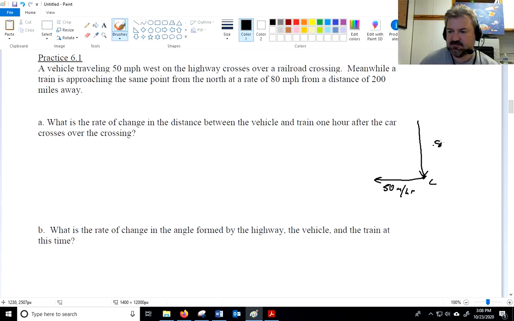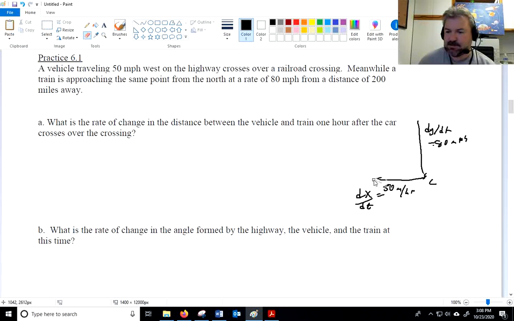So what we're going to say here is that dx/dt, x for the horizontal, is increasing. x is increasing at 50 miles per hour, but this length here, dy/dt, is decreasing. So, yeah, y is decreasing here.